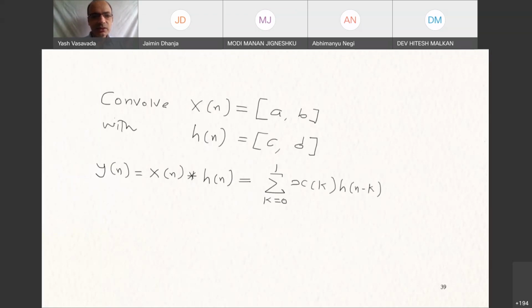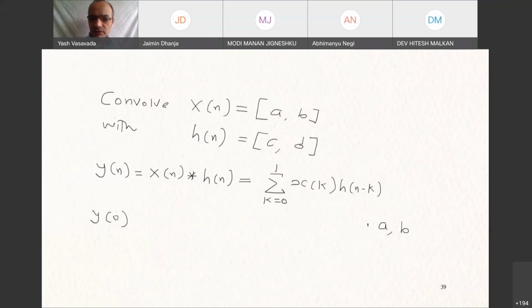And the way we are going to think of it is, we will write x of k as frozen in place. So I'm going to freeze k, b here, and I'm going to flip h of k around.